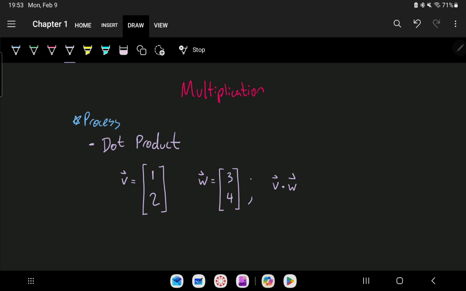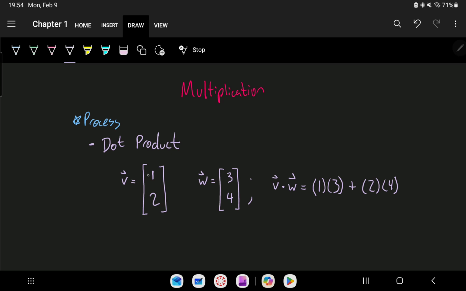It's not going to be standard multiplication. I know sometimes for multiplication we'll use a dot to signify that, but this is a little bit different. V dot w, we are basically going to multiply the adjoining components and then add it together. So the result is just going to be a single number. In practice, for v and w, it would be 1 times 3 plus 2 times 4.